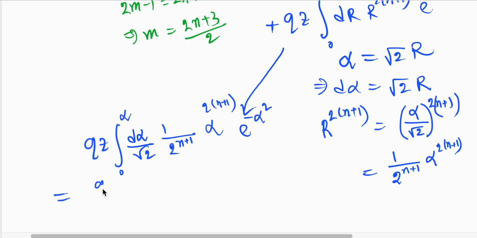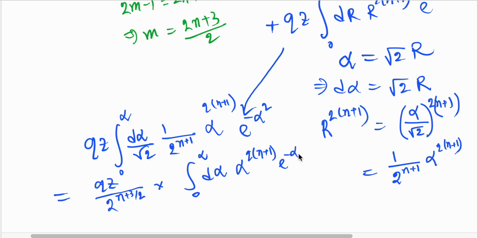So that means qz by 2 to the power n plus 3 by 2, into this again, integral 0 to infinity d alpha, alpha to the power 2n plus 1, e to the power minus alpha square.